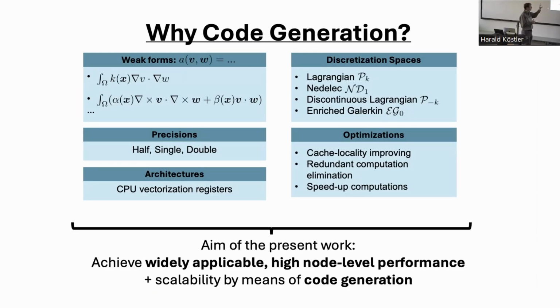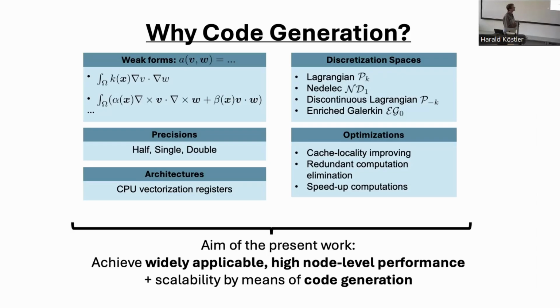Maybe even if you focus on CPU, there may be different kinds of SIMD, depending on the architecture. We have different discretization spaces, so the Laplacians, or the vector ones like the Nedelec, and others. And we want to apply a number of optimizations to the code that are relatively tedious to implement manually, correct?